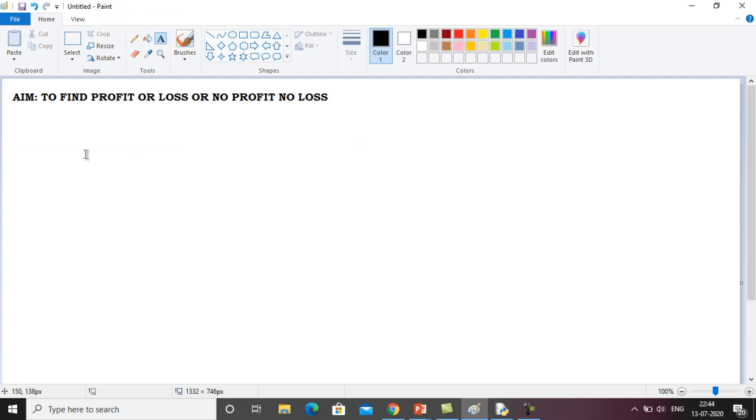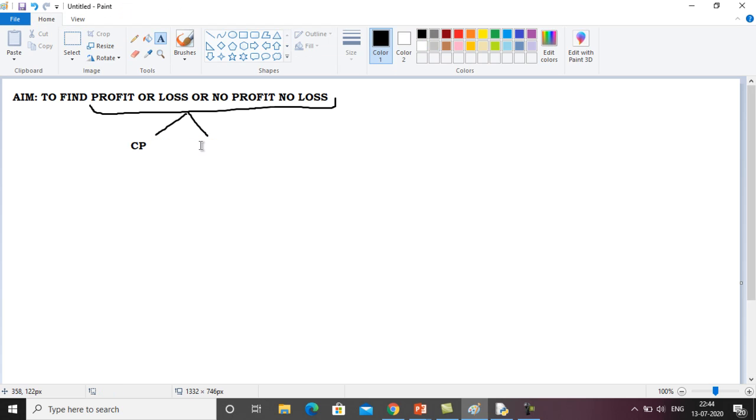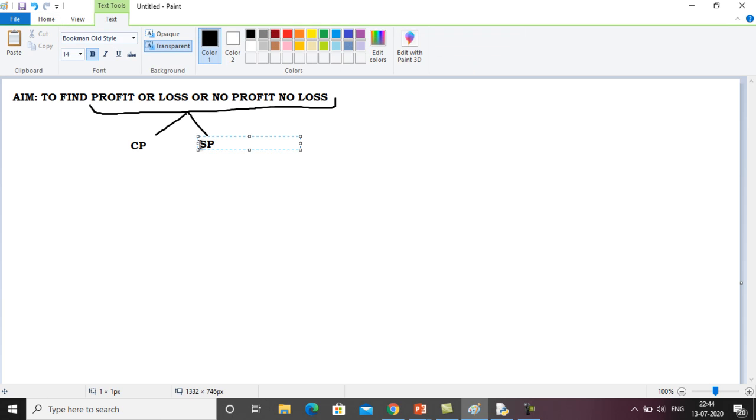Okay, so we know that whether we want to find the profit or loss, we need two things. Those two values that we require are basically the cost price, which we indicate by CP, and the second thing that is required is the SP, that is the selling price.